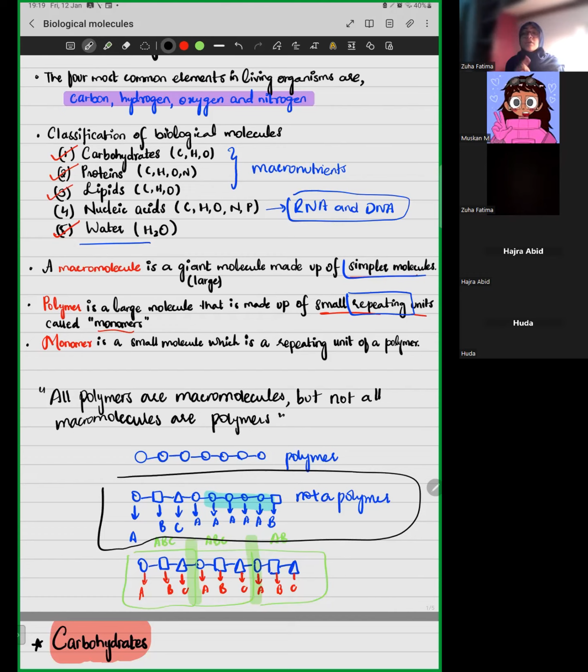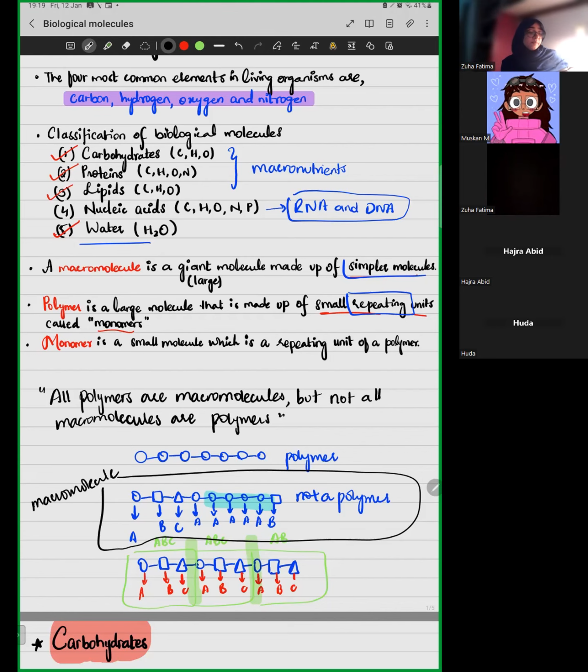But because there is no repeating unit of these small, simpler molecules, there is no repeating pattern which we can identify, we will not call them a polymer. Why? Because in this particular macromolecule, we are unable to identify a repeating pattern or repeating subunits or monomers. Is this difference between a macromolecule and a polymer clear?